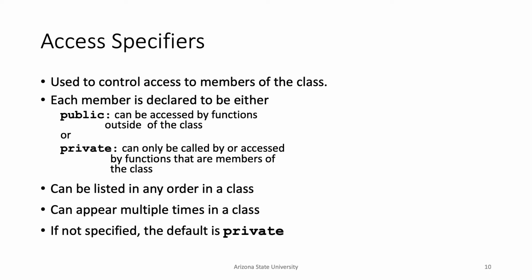So if I have a circle object hanging around anywhere, I can call getRadius on it from anywhere. It doesn't matter where that circle is created. Doesn't matter where the function is. I can call getRadius on it anywhere I like. So public means accessed everywhere. Private means you can only access it inside of the class.